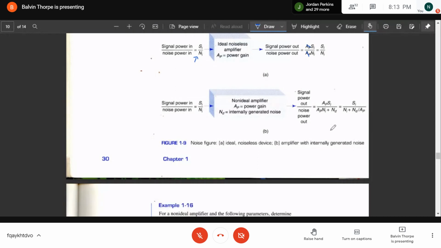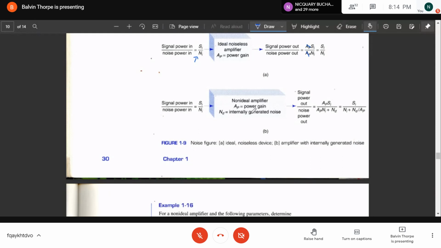However, for a non-ideal system, which is more of what happens in the real world, again, at the input of that system, you're going to have a signal to noise ratio. But the system, I have an amplifier, is going to tend to amplify both the signal and noise. But the system is also going to add noise because we know that internal noise is generated, especially due to thermal noise.